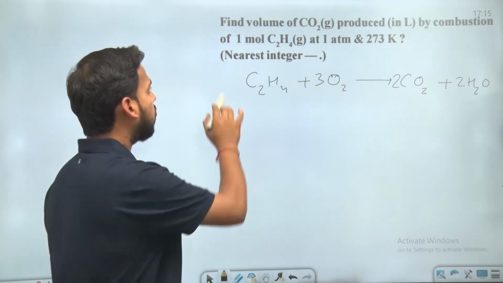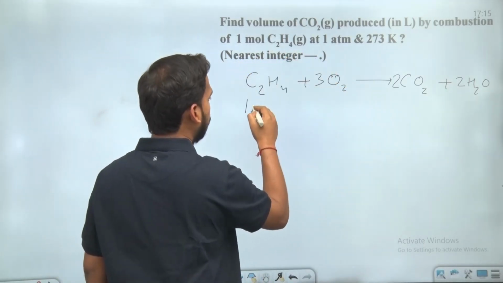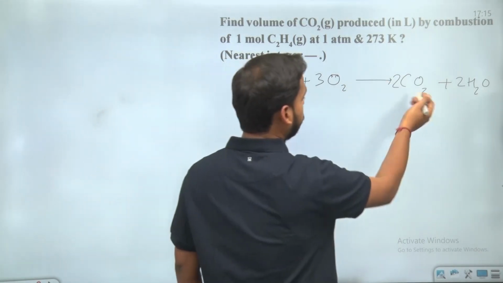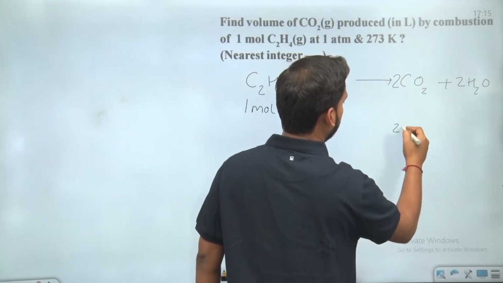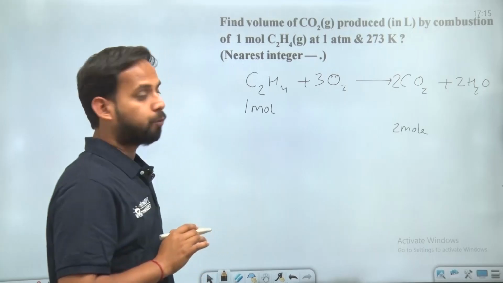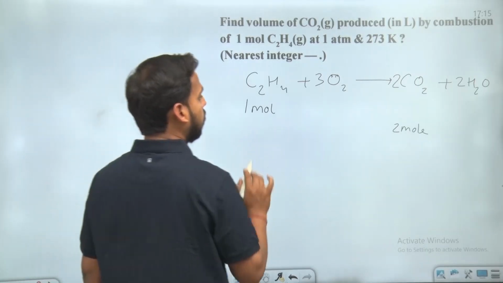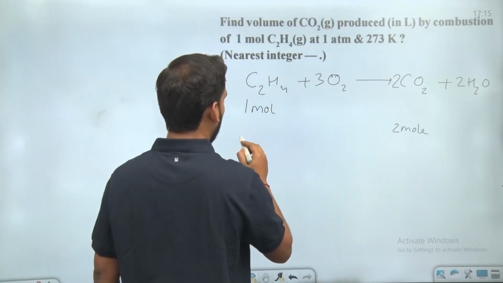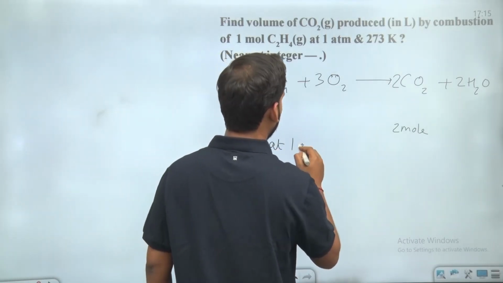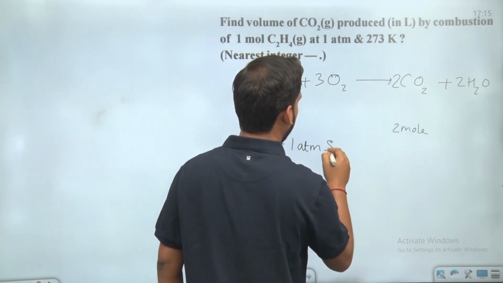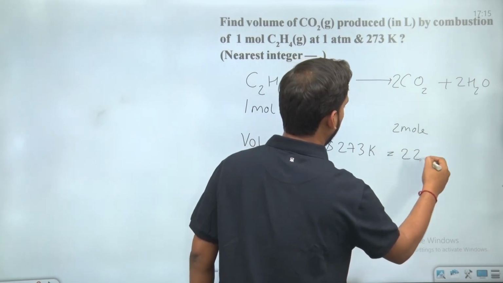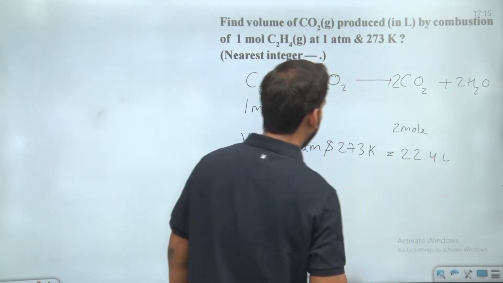So 1 mole of C2H4 gives 2 moles of CO2. The volume of 1 mole at 1 atm and 273 Kelvin is 22.4 liters.